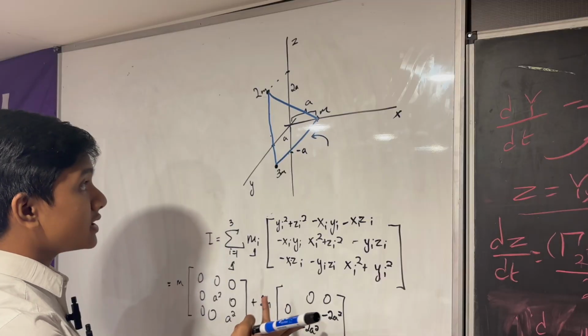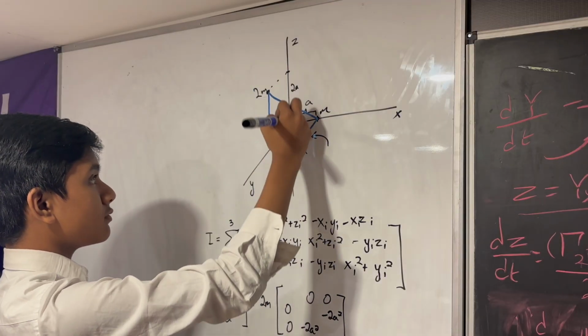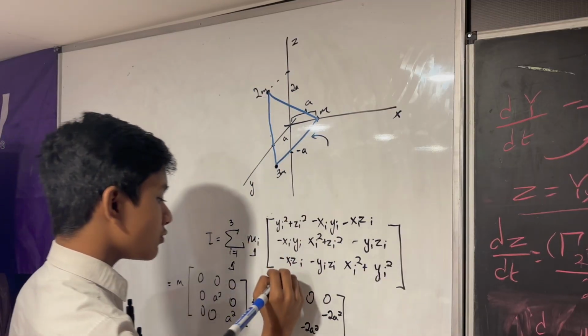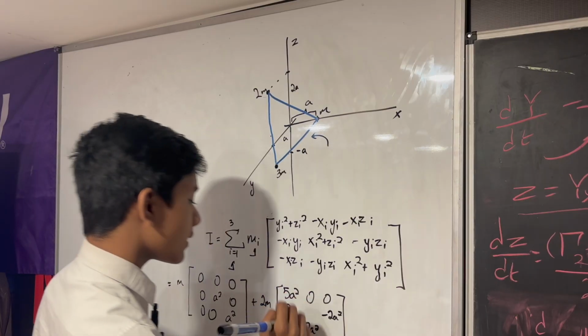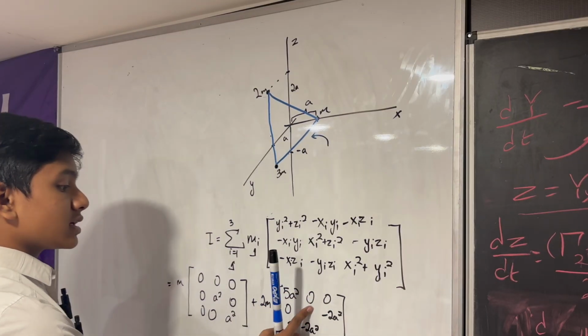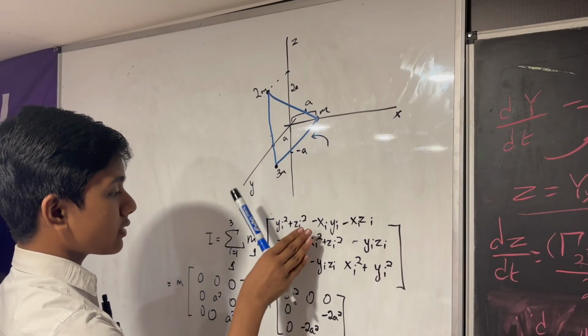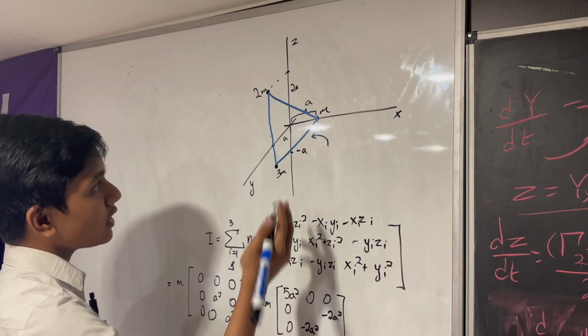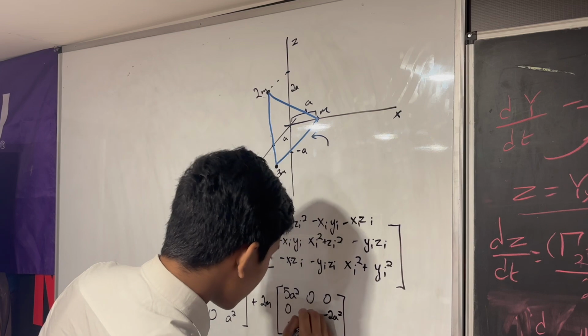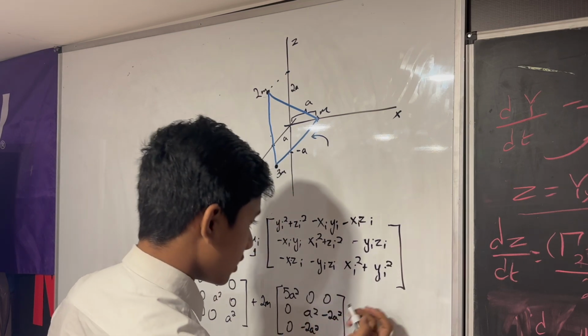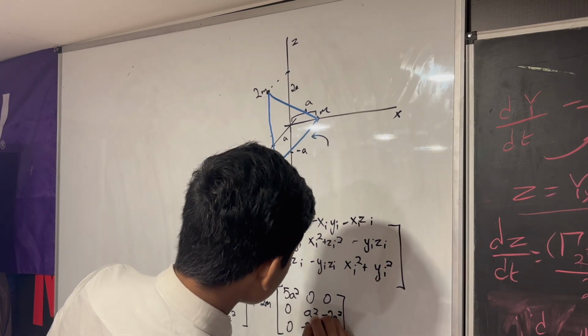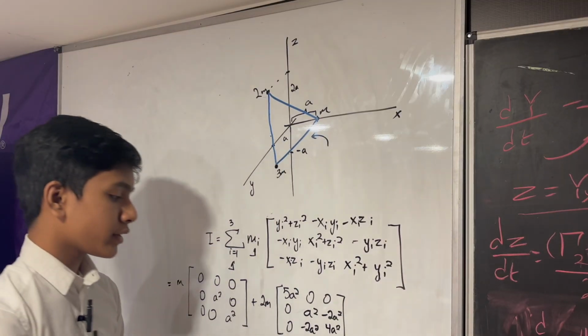Yi squared plus zi squared is just going to be, well, 4a squared plus a squared, which is 5a squared. This one in the middle is going to be xi squared plus zi squared, xi goes to 0, zi squared is just a squared. Same thing with this one, but, well, no, not the same thing. This is just yi squared, which makes 4a squared.